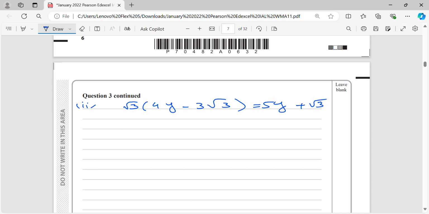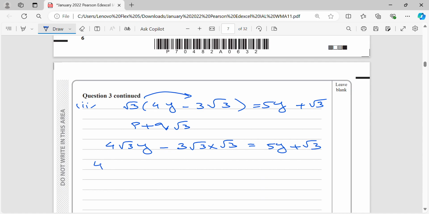Okay, because I have to give my answer in the form of p plus q root 3, it means I will first expand the bracket and then collect like terms. So multiplied: 4 root 3y minus 3 root 3 times root 3 equals to 5y plus root 3.